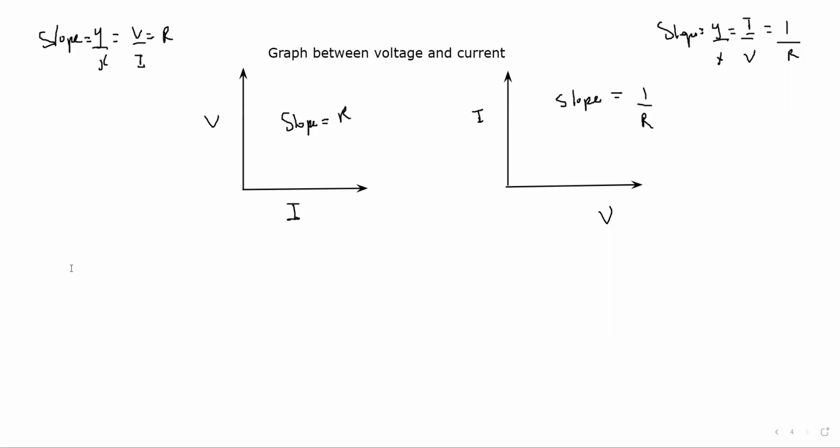So if I plot a graph for a conductor, or instead of a conductor, just a simple idea. First, I'm taking voltage on the y-axis and current on the x-axis. What is the resistance of this material if it's a straight line? What about the slope of this line? What is the slope of this line?